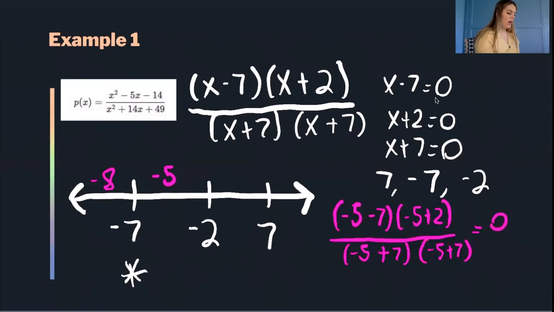And I get positive 9. So I'm going to mark that this interval is positive. Now I'm going to do my other number.